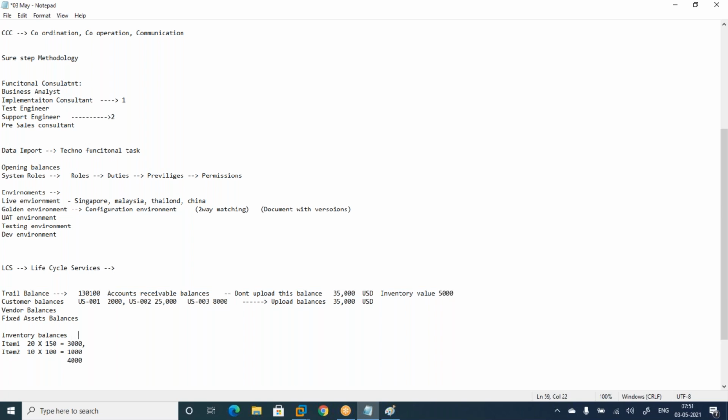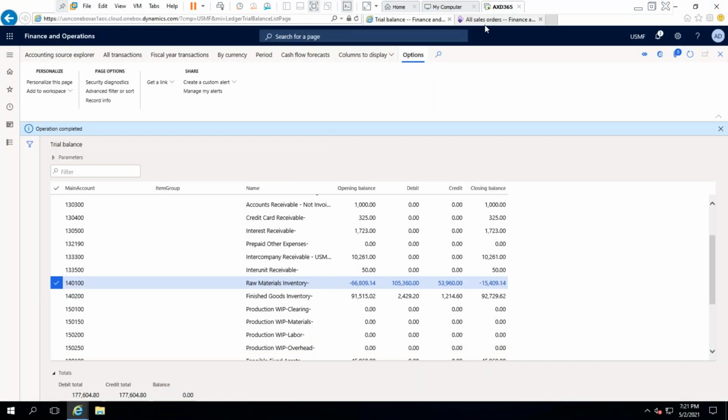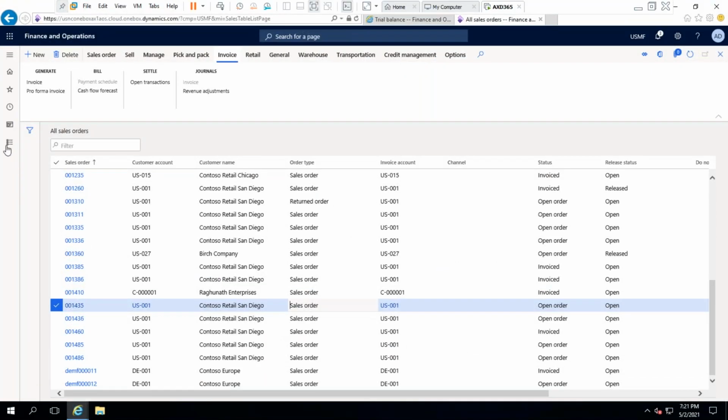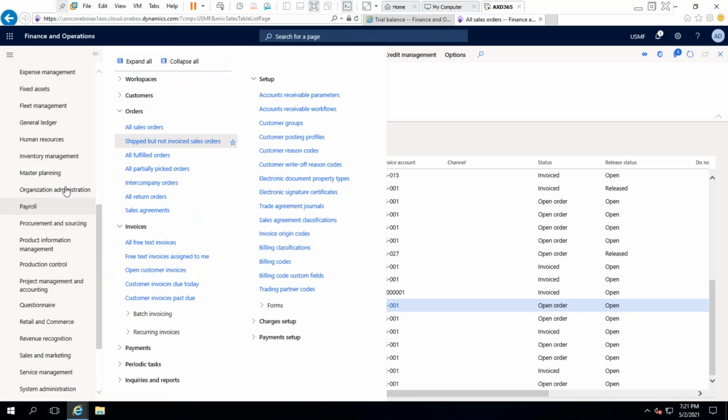This is the movement journal. You know this one, am I right? We have explained this. Using the movement journal, we can upload the opening balances. I have shown you; whether you remember or not, let me show you once again.